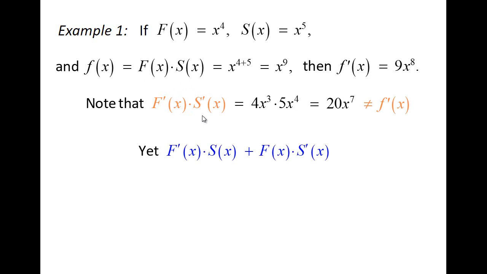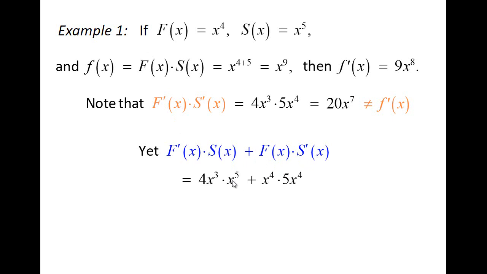Now I'm going to calculate this quantity right here, where we take the derivative of this product F of x times S of x. So think of F of x as the first factor and S of x as the second factor. When you take the derivative of this product, you take the derivative of the first factor multiplied by the second factor as it is, plus the first factor multiplied by the derivative of the second factor.